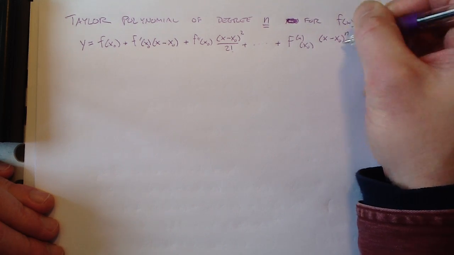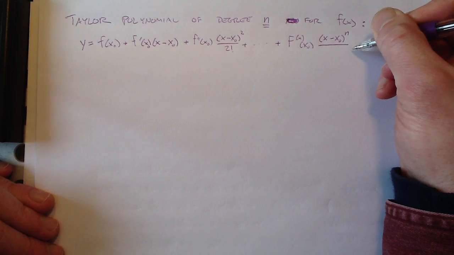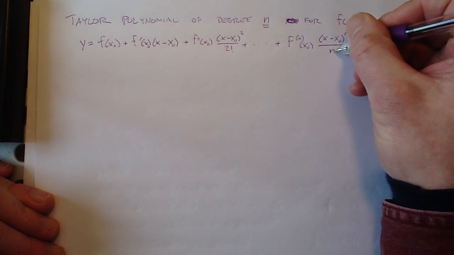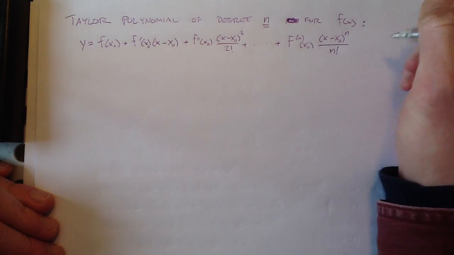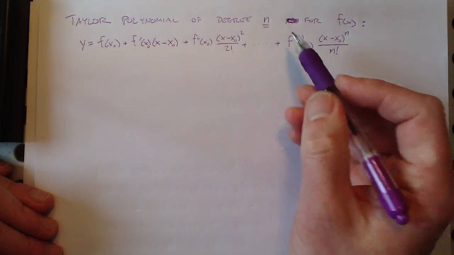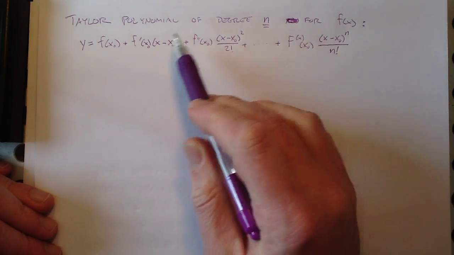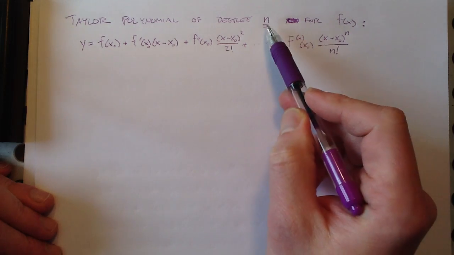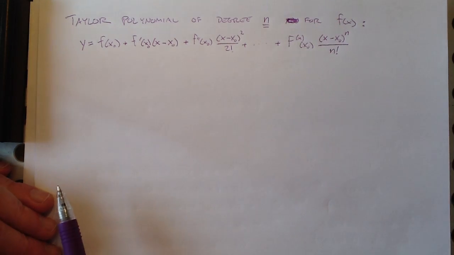You got it, the n power, over what factorial? You got it, the n factorial. Okay. So you can make a 10th degree polynomial, you make a 617th degree polynomial, you go as far as you want, right? All right.